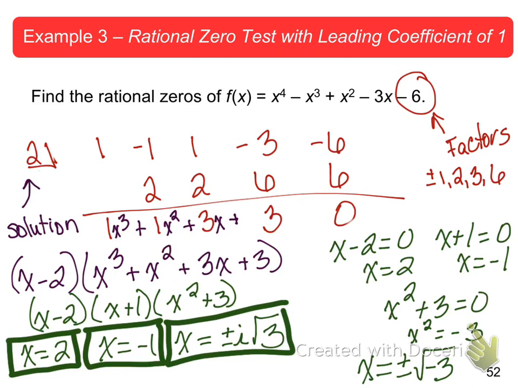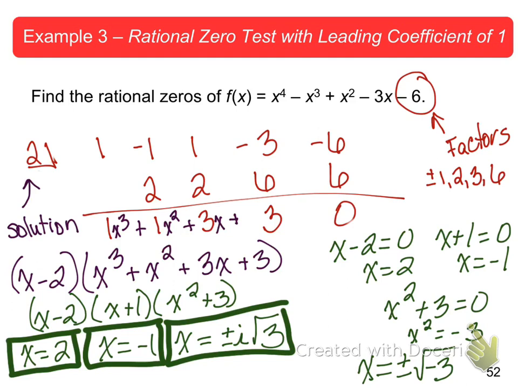This is real, but irrational, and that just means we've got the square root sign in it. It also travels in pairs. Real, irrational, crosses the x-axis.